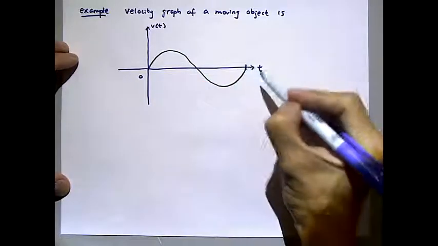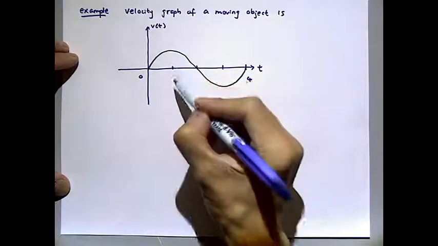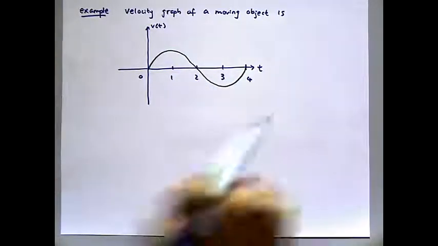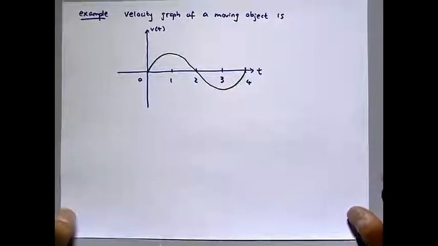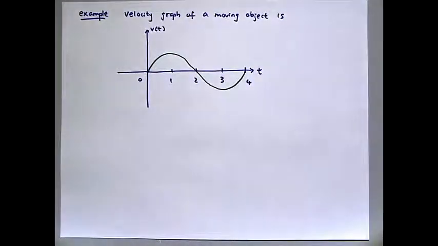And let's say the motion stops being interesting at 4. And we'll divide the time into 4 equal increments. Okay, so something is moving around, and somehow I obtain the velocity of this object. Between 0 and 2, this thing is positive. Between 2 and 4, this thing is negative.